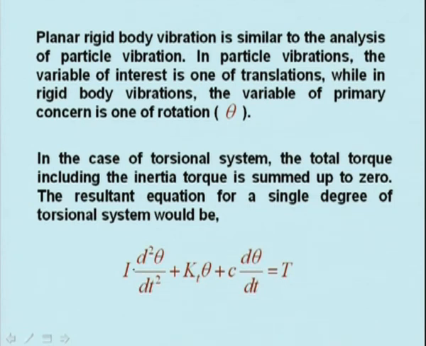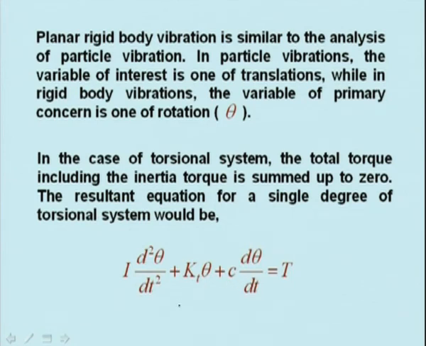I d square theta by dt square is the inertia torque. d square theta by dt square is the angular acceleration with the unit of 1 by second square, and I is having the unit of mass moment of inertia, so it is kg meter square, Kt is Newton meter, c is the viscous damping effect.